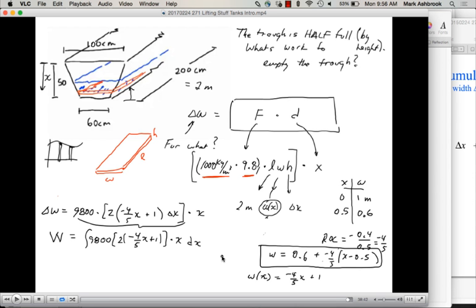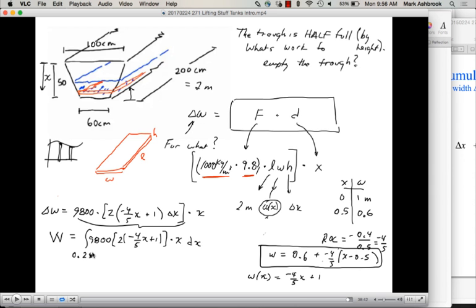So the question is, what layers are we removing? They're x values. What's the first x value that represents a layer we're removing? The water is only half full in this thing by height. If the whole thing were full, then we'd start with x equals 0, but it's not. Here's the top layer, and that's at x equals 0.25.